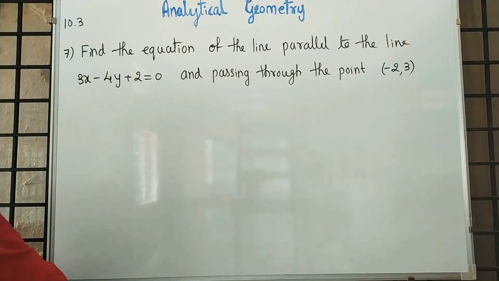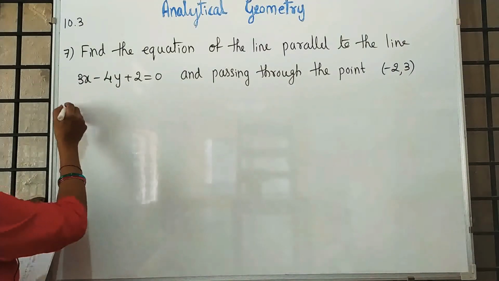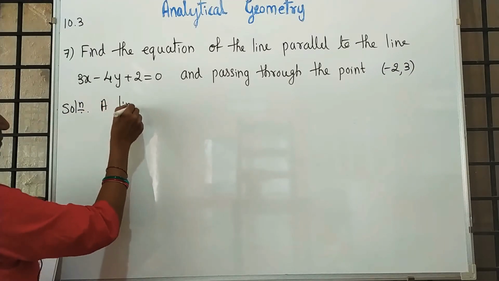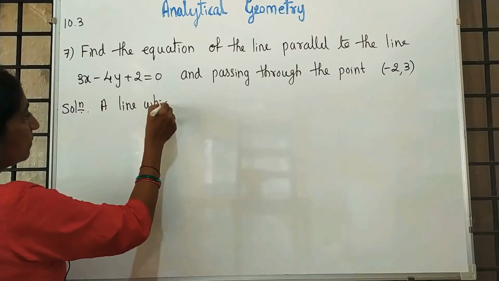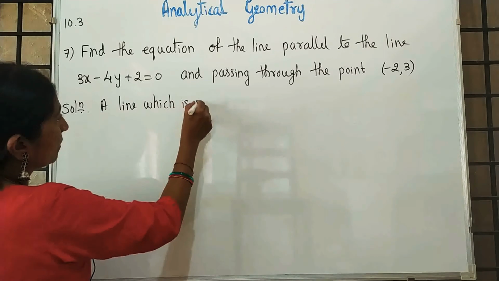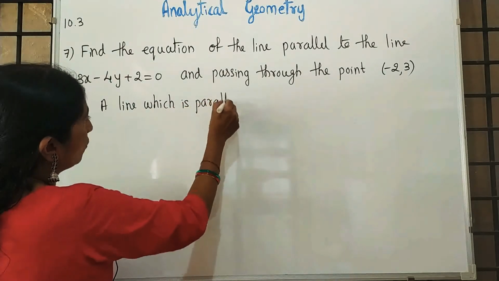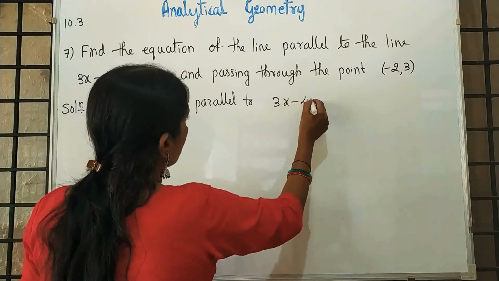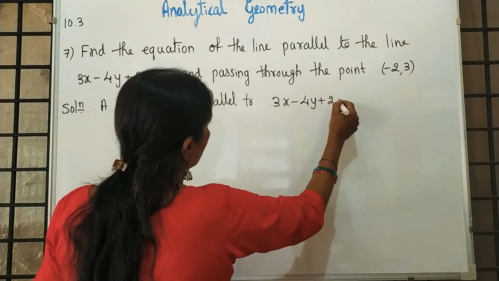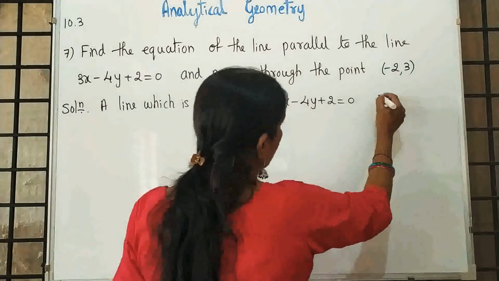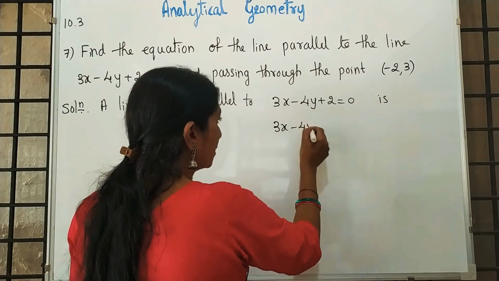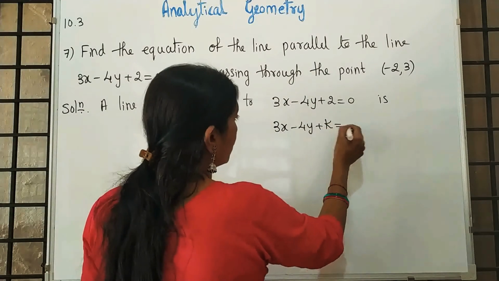So with the help of that concept, see here, first I am writing that a line which is parallel to 3x minus 4y plus 2 is equal to 0 is, just write down the coefficients as they are, only the constant changes, it will be k.